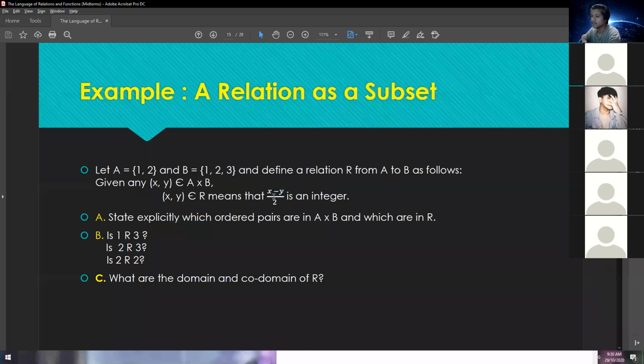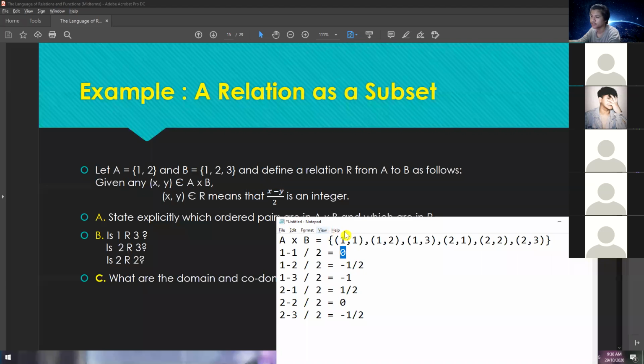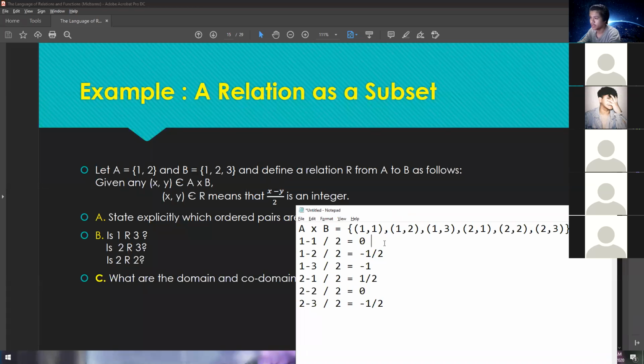After we calculate with this equation, the result should be an integer for us to be able to say that they are in relation. So is 0 an integer? Yes. Is negative 1 half an integer? False. What is the definition of integer again? Whole numbers.